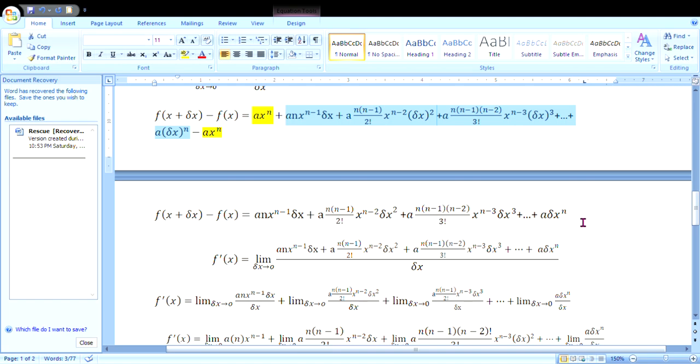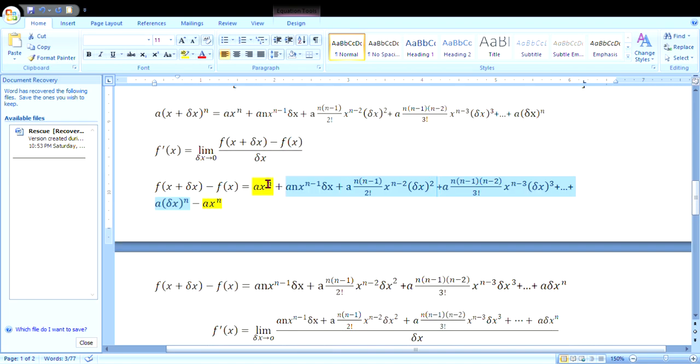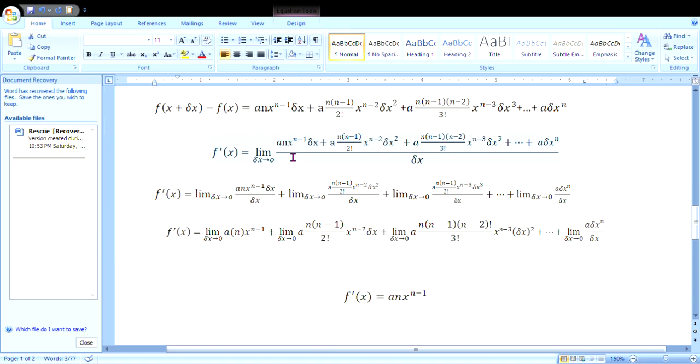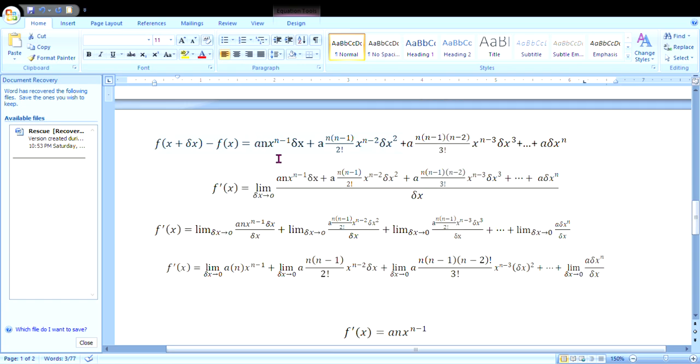Now the next thing is, remember that for the first derivative, we must divide by delta x. So everything is divided by delta x, as the limit of delta x tends to 0. Each of these terms, the limit will apply, and this division by delta x will divide each of these terms. So we have the limit as delta x tends to 0 of a n s raised to n minus 1 delta x divided by delta x.